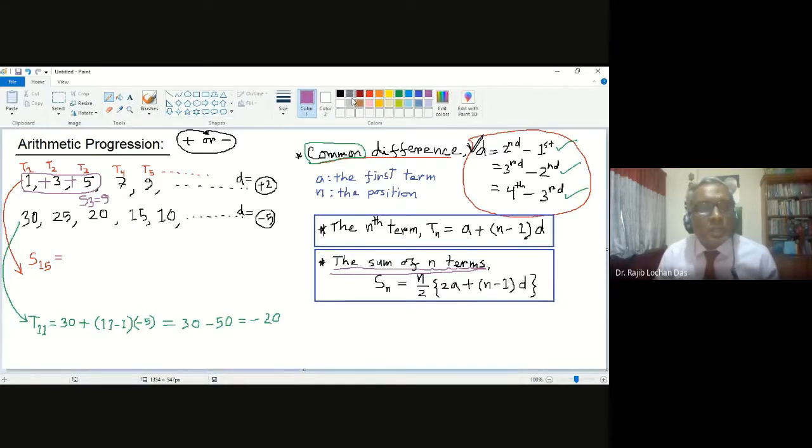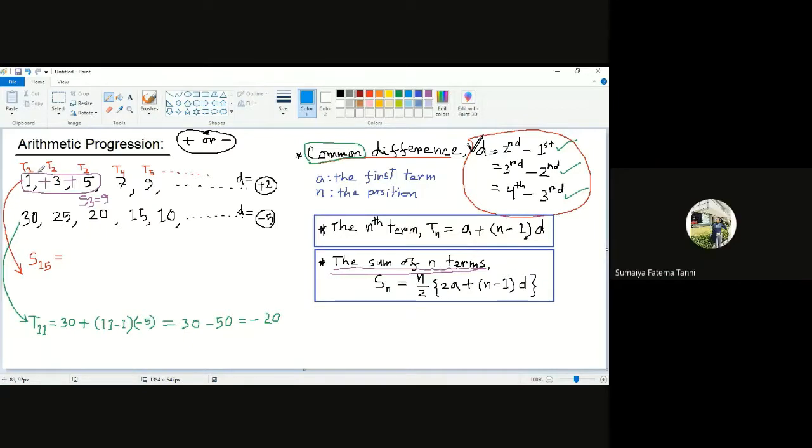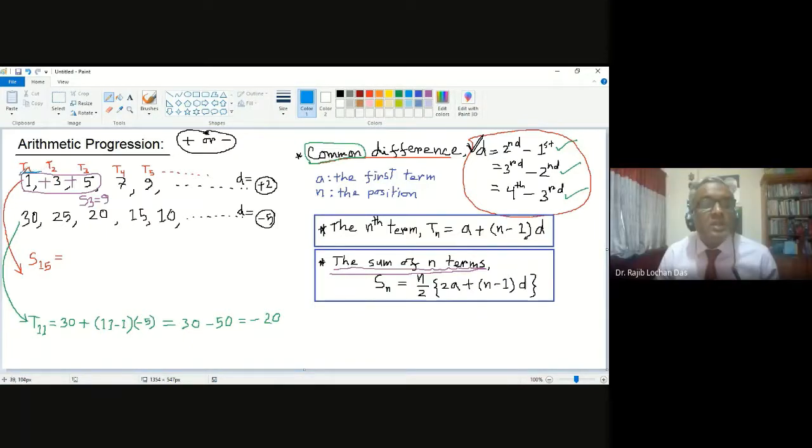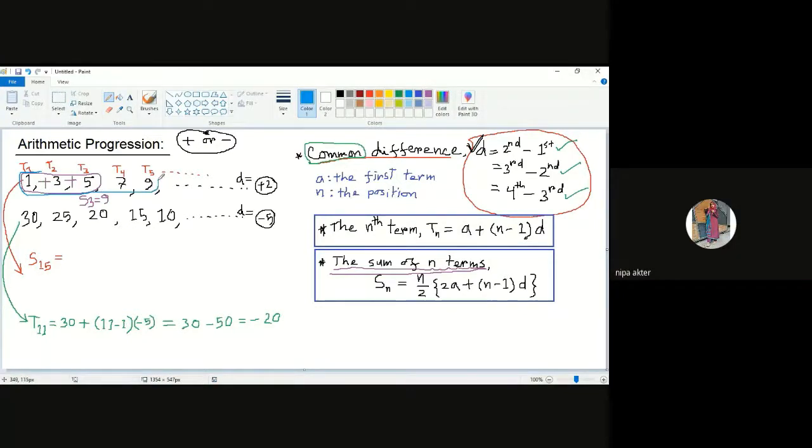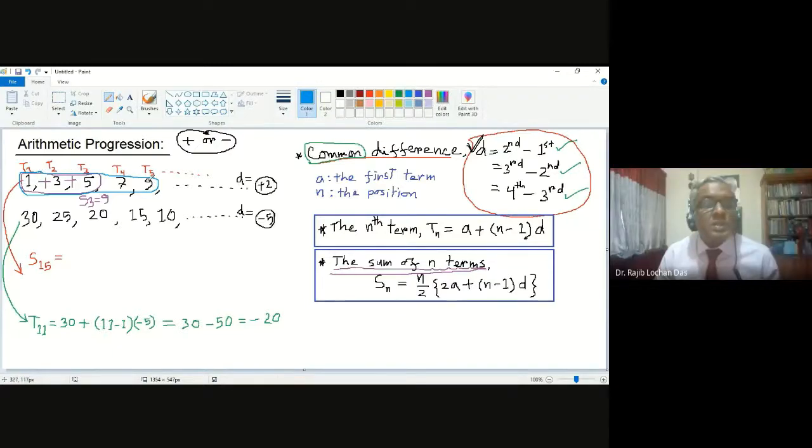Now let me give you another example. If I write S5, then what will you understand? The sum of the five terms, starting with 1 plus 3 plus 5 plus 7 plus 9.